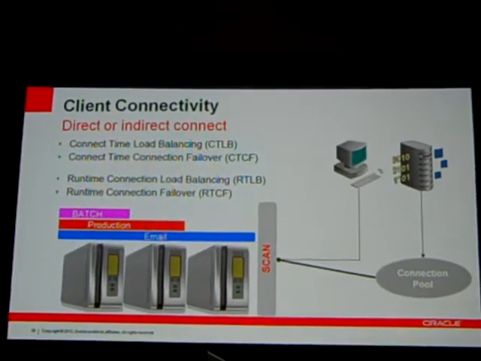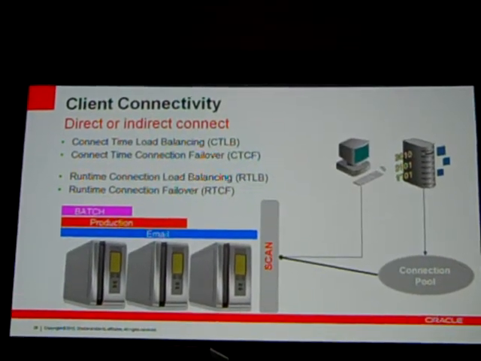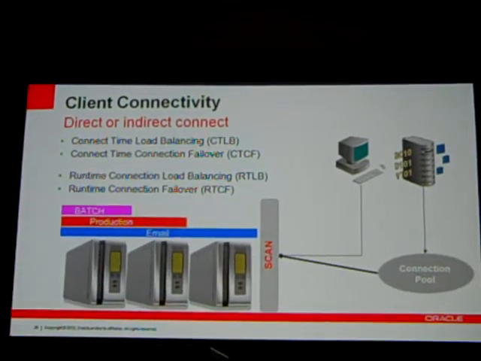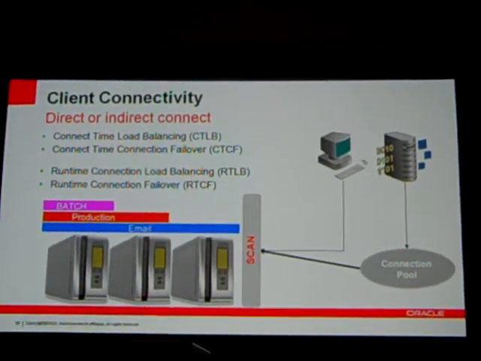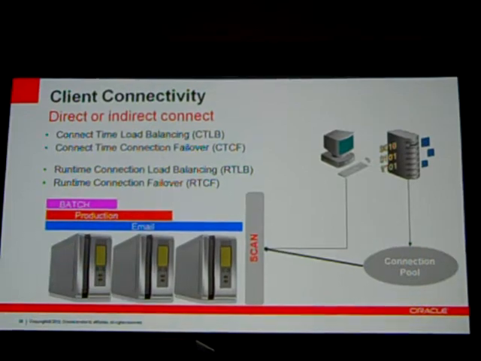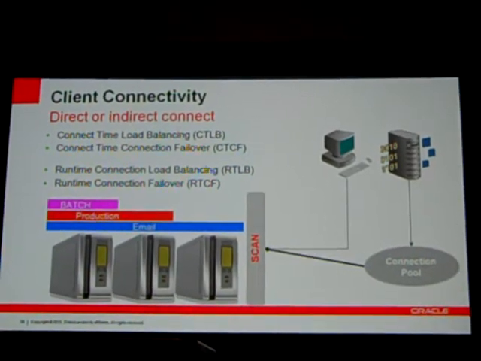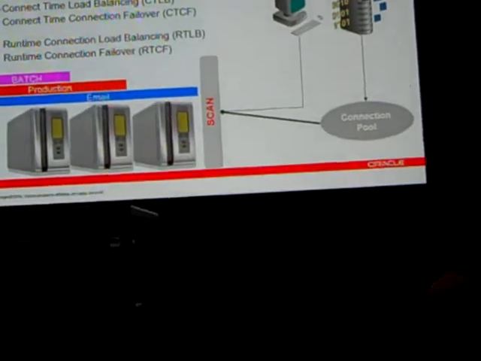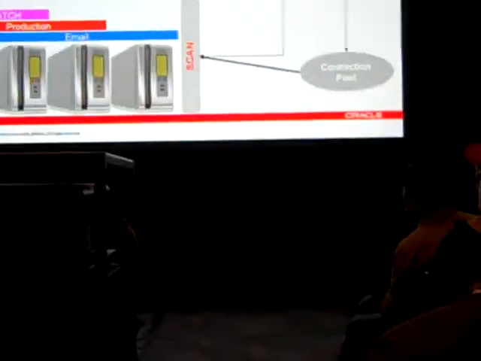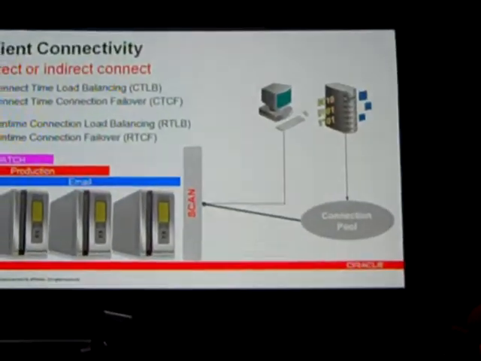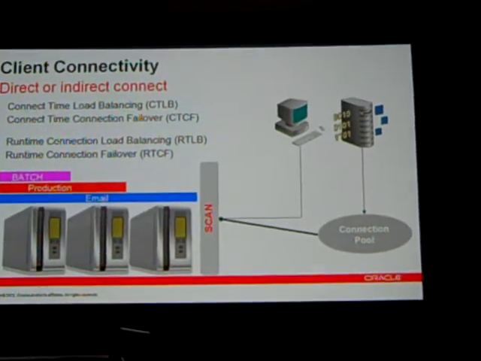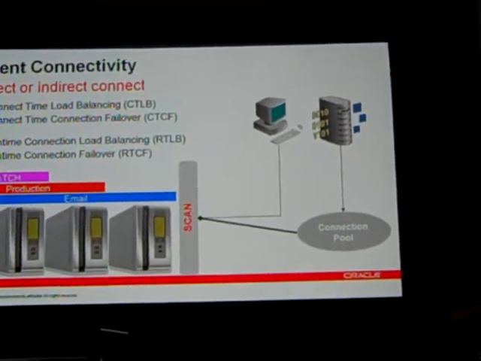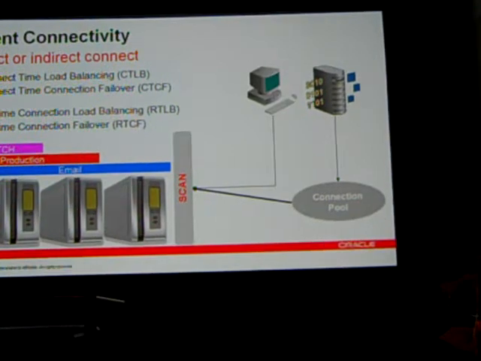A direct connectivity to the database would be SQL*Plus, here represented by this computer, and you go directly to a service. The format is VIP, port, service, or you can connect via a connection pool. In this way, your client is indirect because the application uses a connection pool. The connection pool is the entity connected to the database directly.